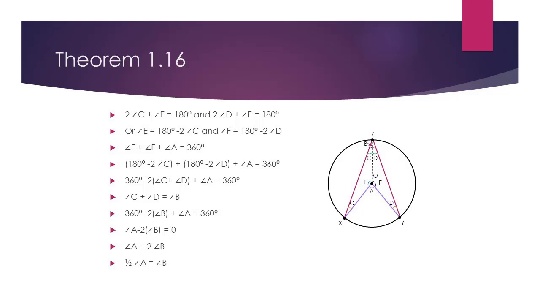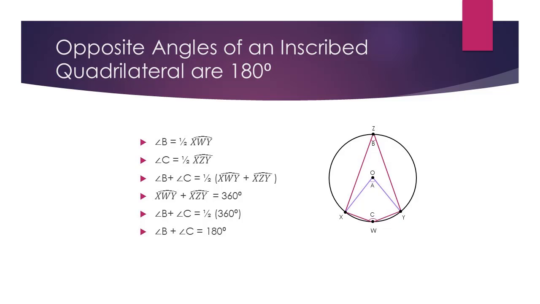Well, as a consequence of this theorem, as from the proof of the theorem, we have that angle B equals 1/2 of arc XWY.